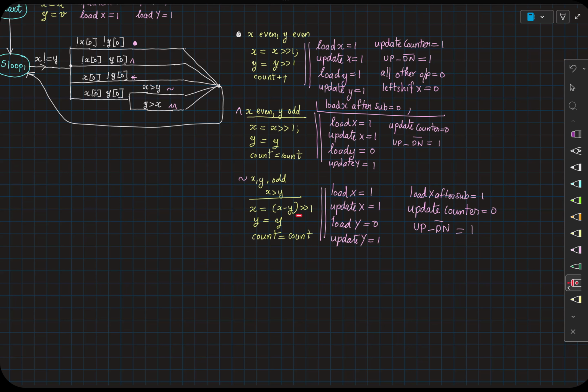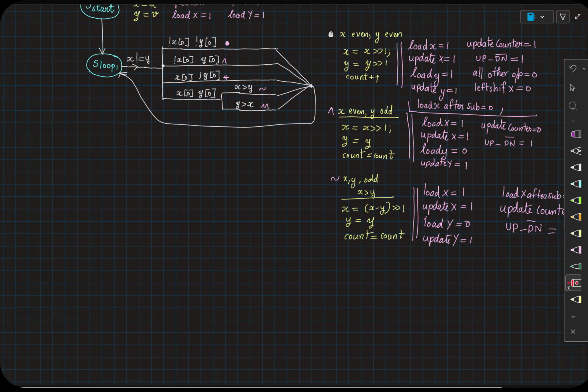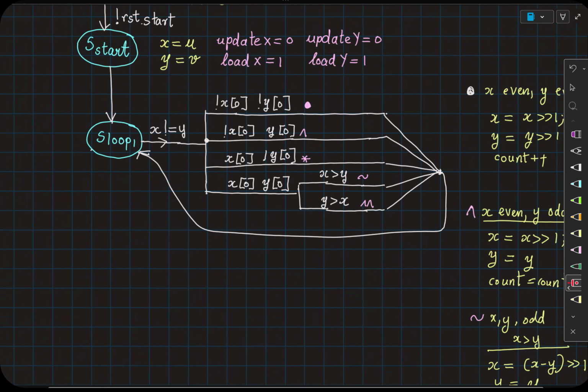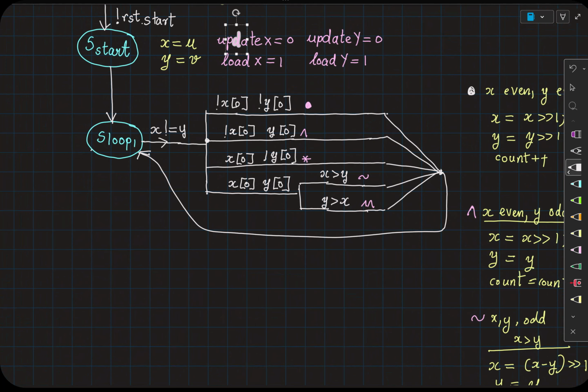So what we are doing here is right shifting. Left shift x is utilized in the second loop. We are still in the first loop. Now when do you come out of S loop 1? When x is equal to y. Right? So then you go to S loop 2.